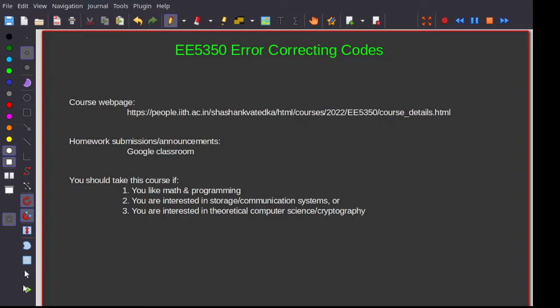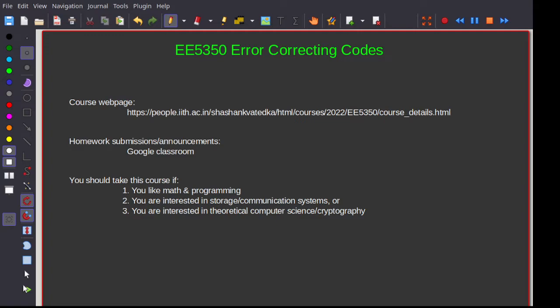What is the level of linear algebra or probability that you have studied? Okay, fine. So you've not seen abstract vector spaces or anything of that sort? Not that detailed. Okay.